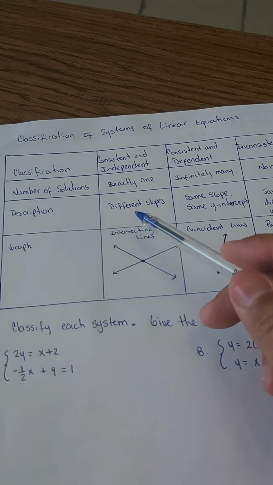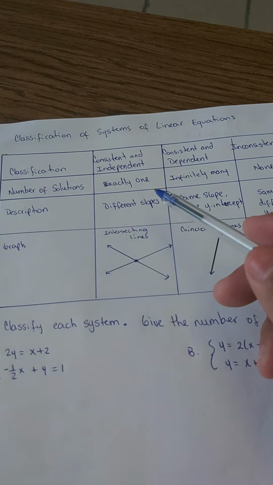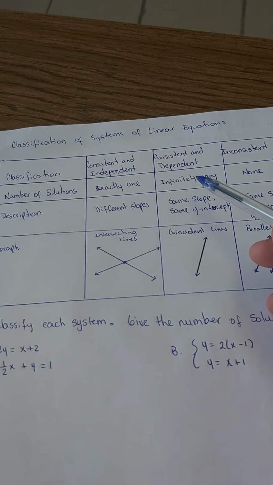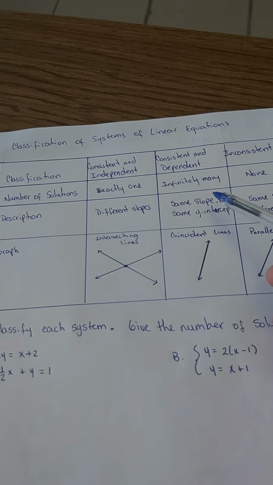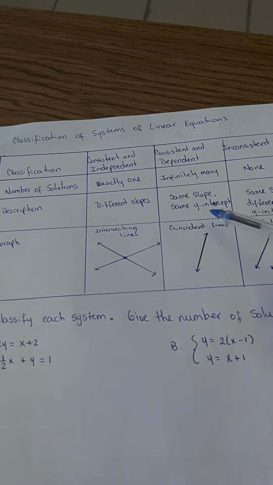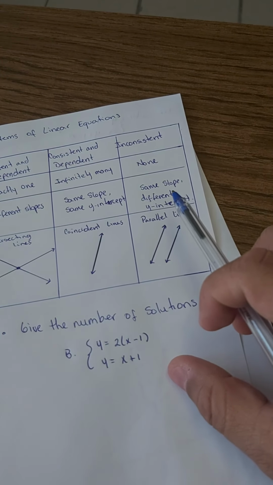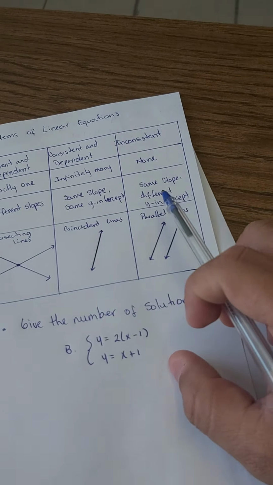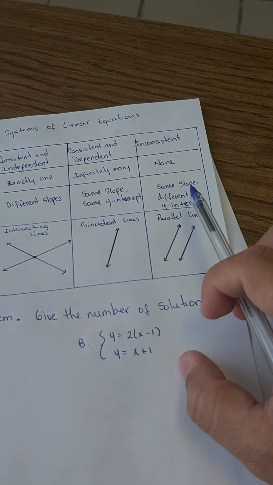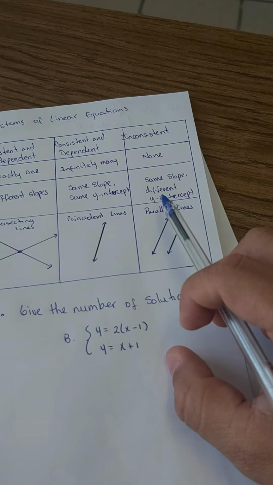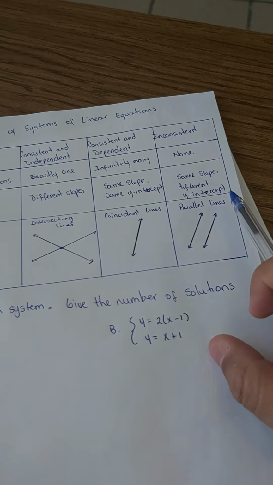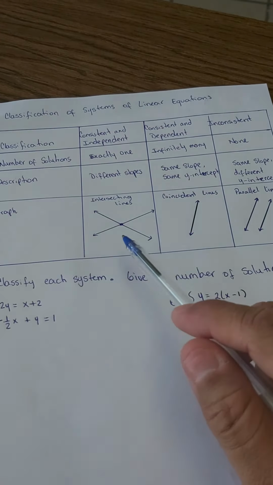Now, the description. For exactly one solution, the systems have different slopes. For infinitely many, they have the same slope and the same y-intercept. And for inconsistent, that means no solution, they have the same slopes, different y-intercepts. So how does the graph look?